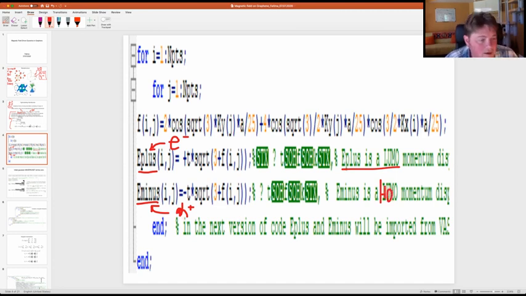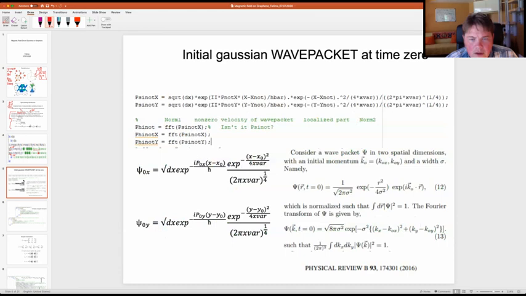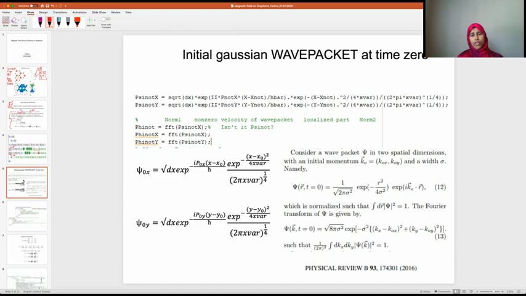Let me know when you want to go to the next slide. Yes, the next slide, please. Since we are considering time evolution of a Gaussian wave packet, the first two lines give the wave function in position space.